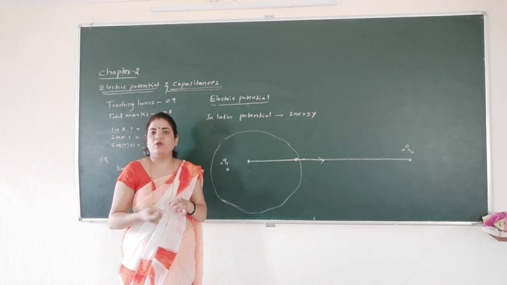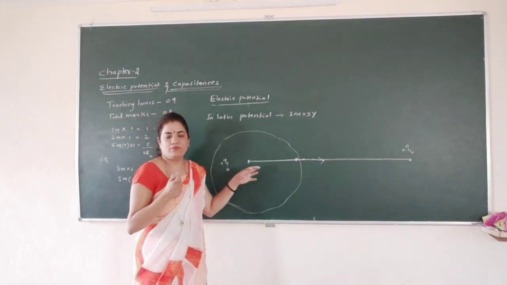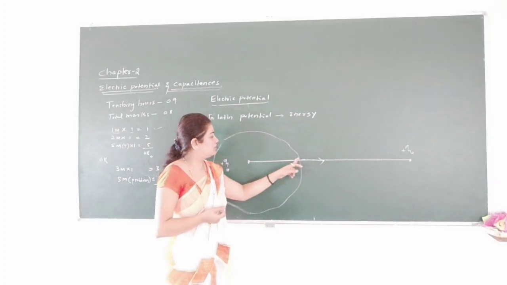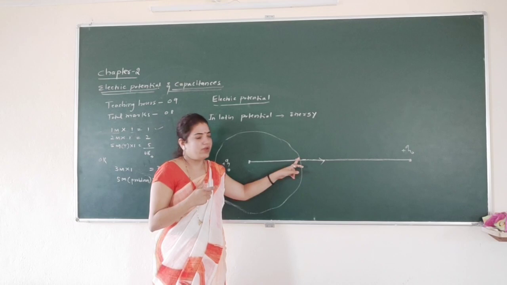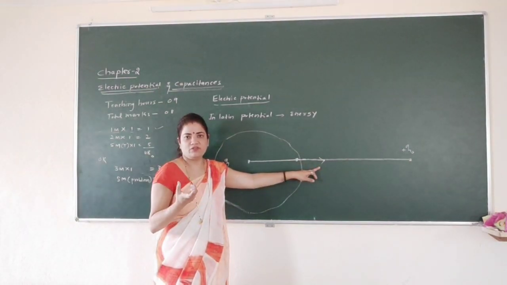So work done is always converted into energy. Here, when the test charge is inside the electric field, we have done the work. When the electric charge is outside the electric field, there is no repulsive force, so there is no opposition.